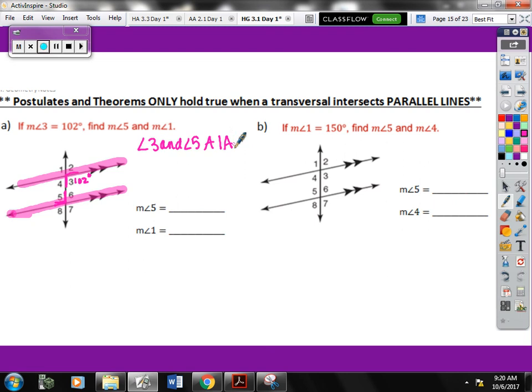And do you see how these are marked as parallel lines? We can see the little parallel line markings. So we know if two lines are parallel, then alternate interior angles have to be congruent. So if angle 3 is 102, angle 5 is congruent to that, which means it's equal in measure. So this would also be 102.